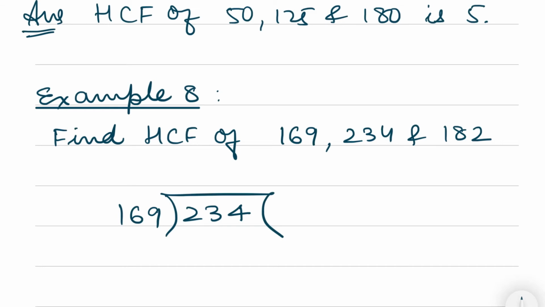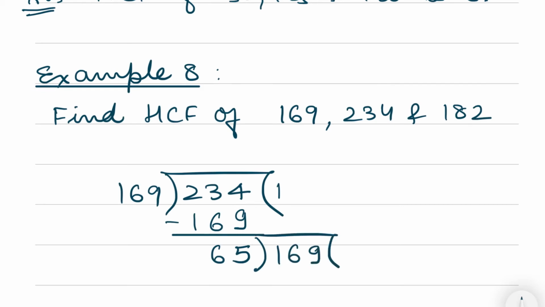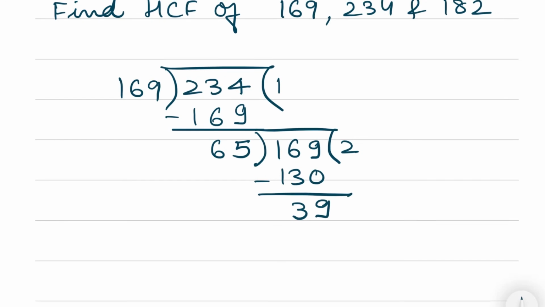So we have 1 time 169. Subtracting I get 65, then dividing 169 by 65, this goes 2 times. So we have 130. Subtracting we have 39, then 65 becomes the dividend, the previous divisor.